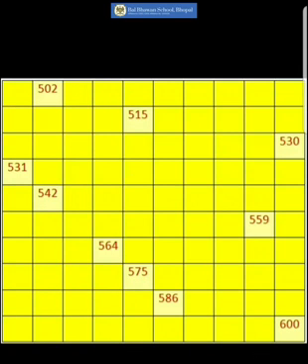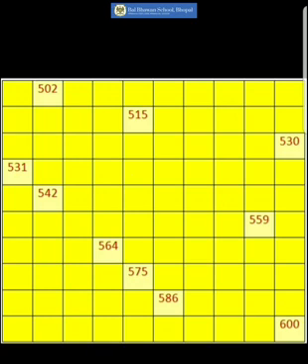Okay children, now this is your grid. Just see, some numbers are written in this grid and some numbers are missing. So we will write some missing numbers. So now we will start counting from 500. So children, you can see here the second number is given, that is 502.